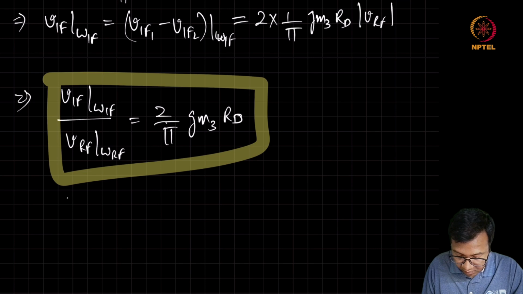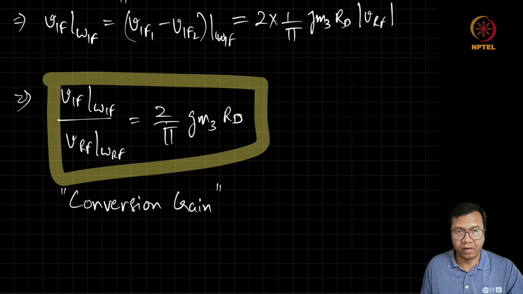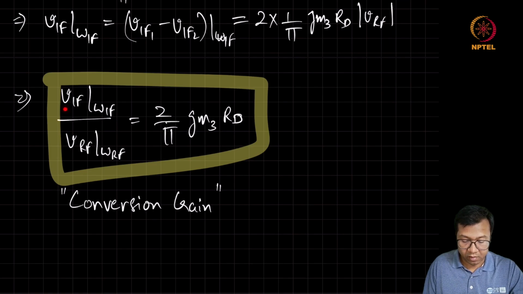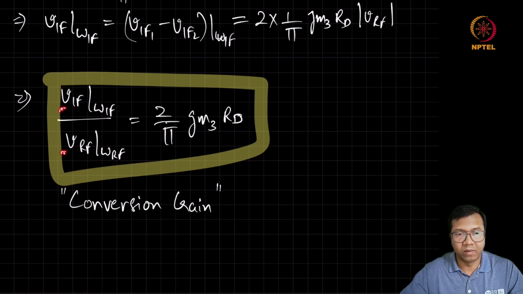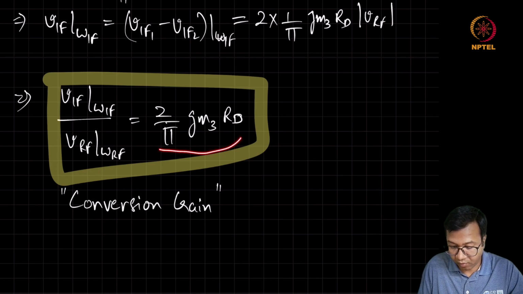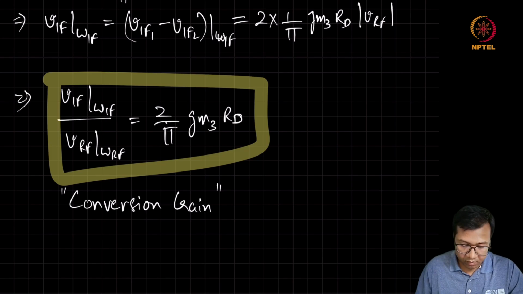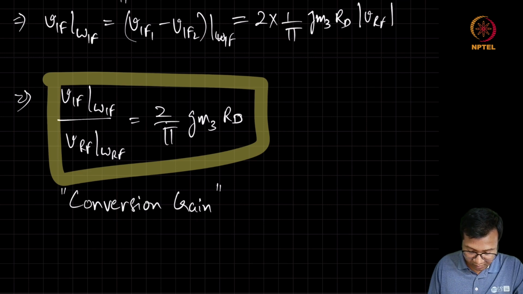This is also called conversion gain. So a mixer has a conversion gain because the input and output signals are not at the same frequency. In our case, we are getting it to be equal to 2 by pi GM3 RD, which is much more than 1.